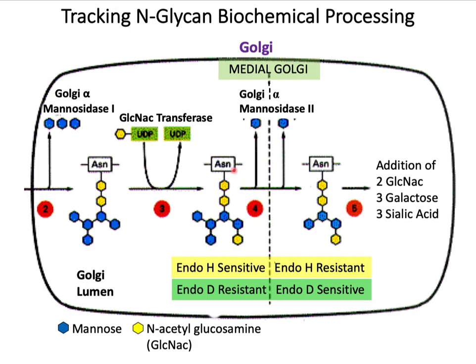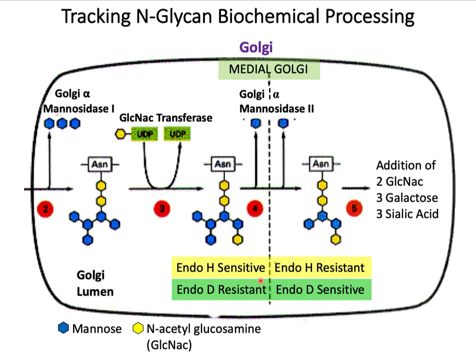Something very interesting happens in this step along the processing, indicated by the double dotted line here within the medial Golgi. When secretory proteins pass through the medial Golgi and are processed by the enzymes in the medial Golgi, their sensitivity to these endoglycosidases changes.